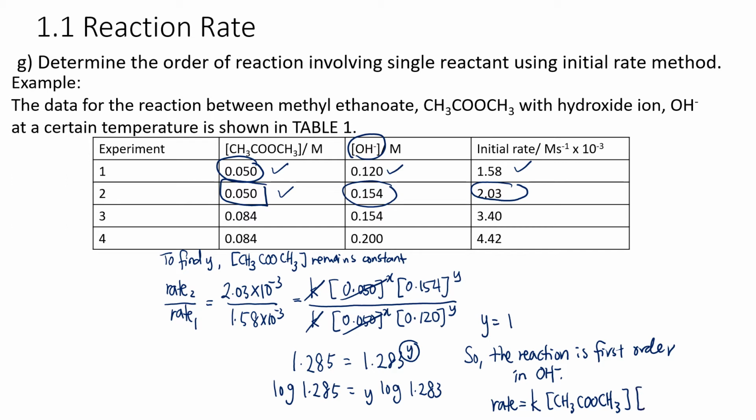And for hydroxide ion, it is also first order, so raised to the power of 1, which usually we do not write out. So this is the rate law or rate equation for this reaction. If the question asks for the rate law or rate equation, then we must write our answer in this form. If the question asks for the order with respect to each of the species, we can leave our answer in this form.